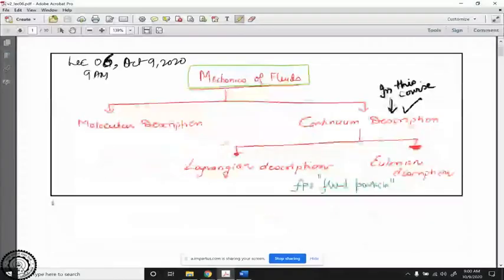So last lecture, we saw that there are two descriptions possible for mechanics of fluids. One is molecular, the other is continuum. I presented some arguments based on which I concluded molecular description is not only very demanding resource-wise, it's also not necessary for most of our engineering applications.